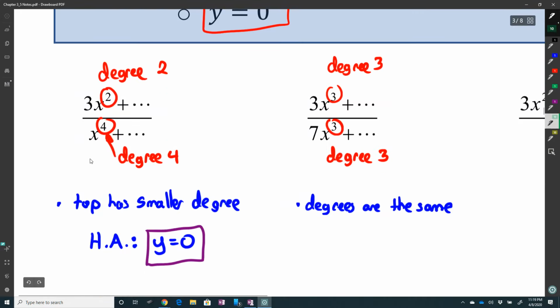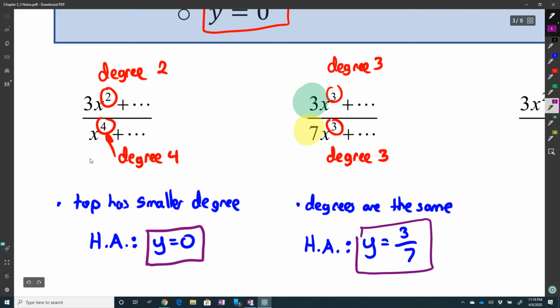The leading coefficients are just this number and that number. So my horizontal asymptote is just y equals 3/7. So hopefully this is clearing things up. I know I was getting convoluted over there. I go to the next one.